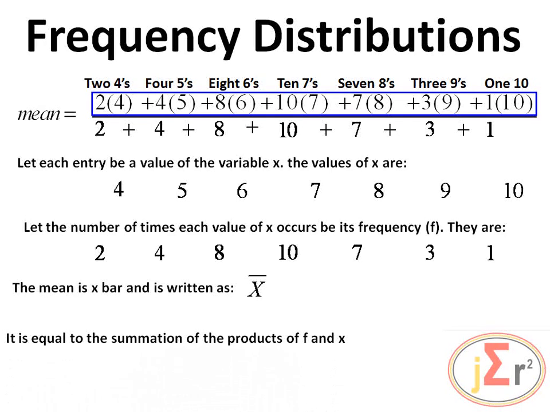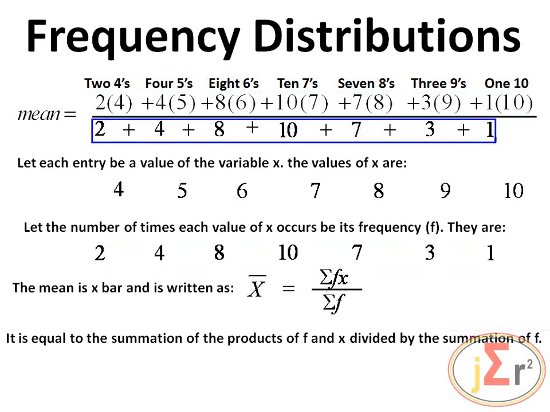Remember, that's what we did? We added all of these products. So we are adding all of the products of f and x, and then we are going to divide that by the summation of f.